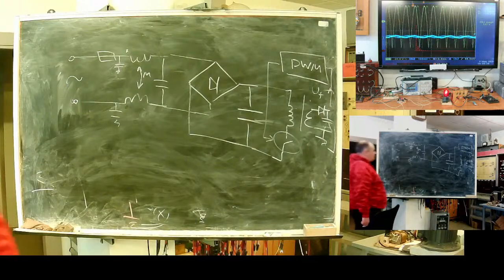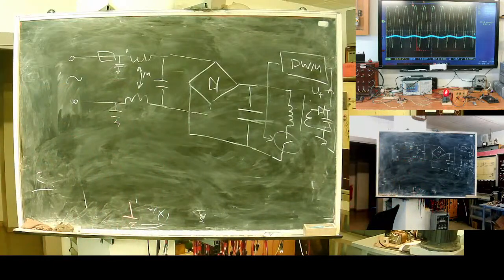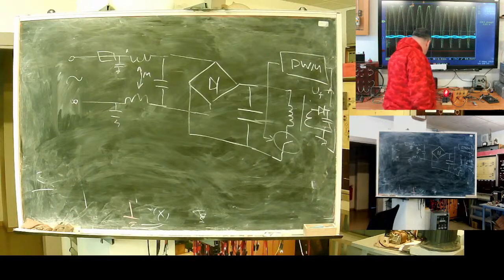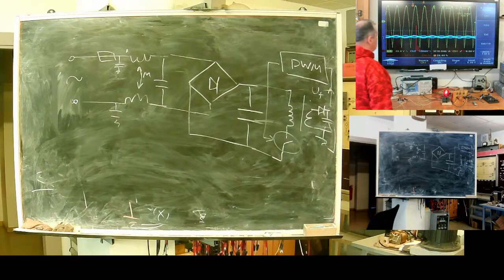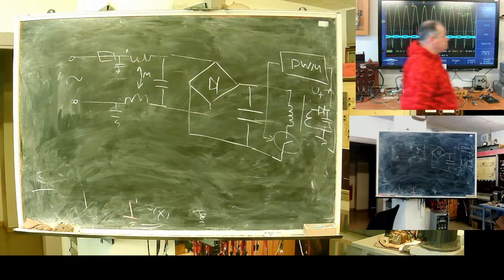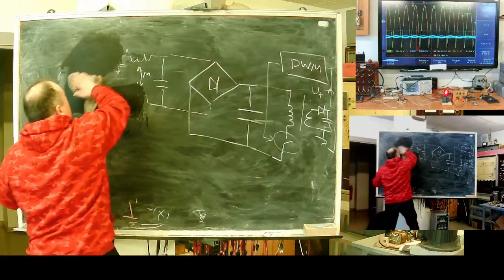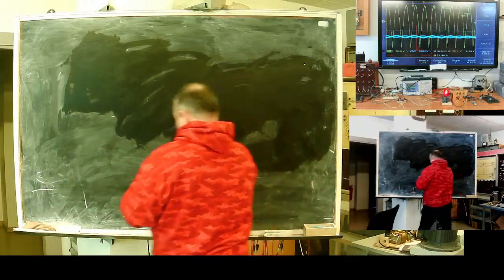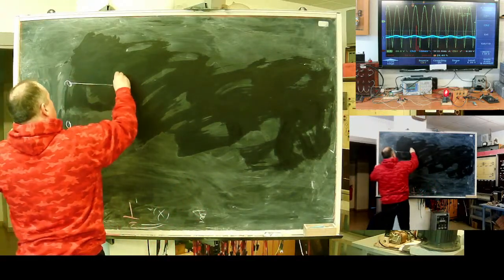Let's analyze this thing from both sides. Now I have a very simple network. For the first approach, I made a very simple network.